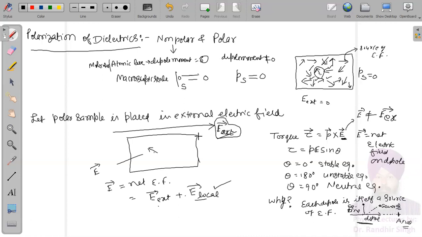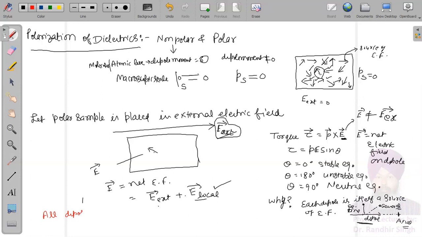So from here we conclude one thing, that when we apply external electric field to a polar dielectric, then I can draw a statement. I would change the color of the text for this statement because it is an important statement, so that you can see it from a distance.